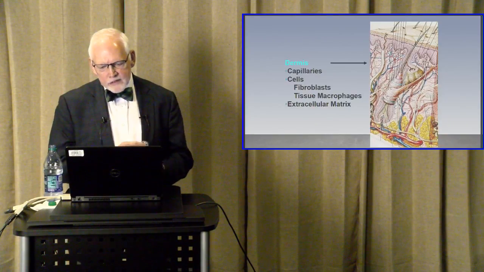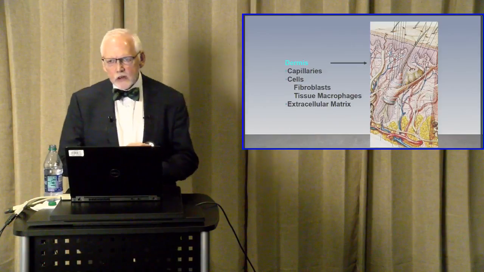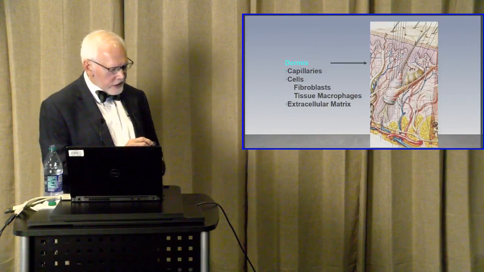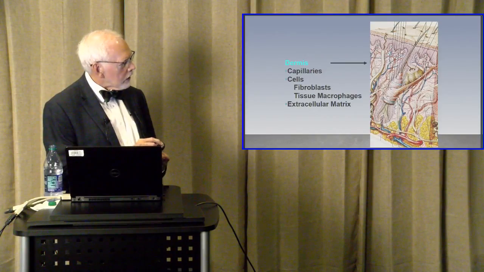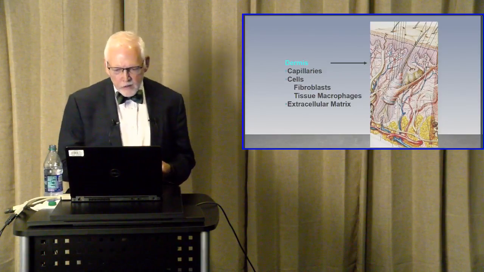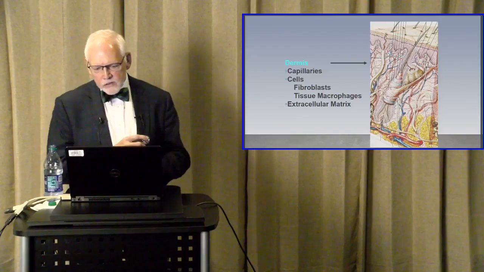So the dermis is the second layer, and the dermis is really sort of where it's at when you're talking about the skin, because there are just numerous organelles in the dermis. Hair follicles.